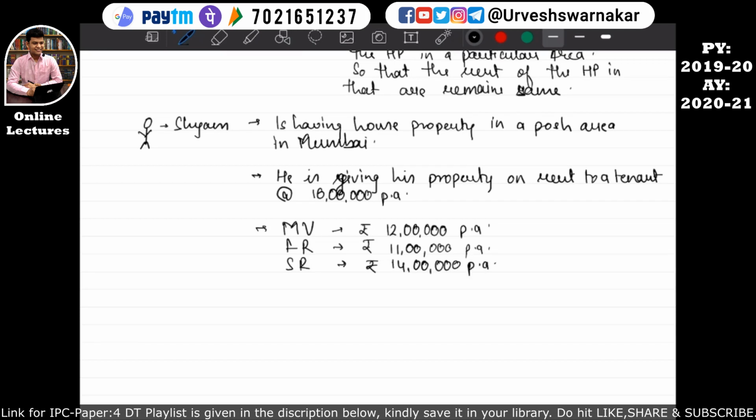If you can see over here, this assessee is charging rent from the tenant of rupees 10 lakhs per annum. I hope this is quite clear. But the municipal value decided by the municipal authorities is 12 lakh per annum, the fair rent is 11 lakhs per annum, as well as the standard rent is 14 lakhs per annum.